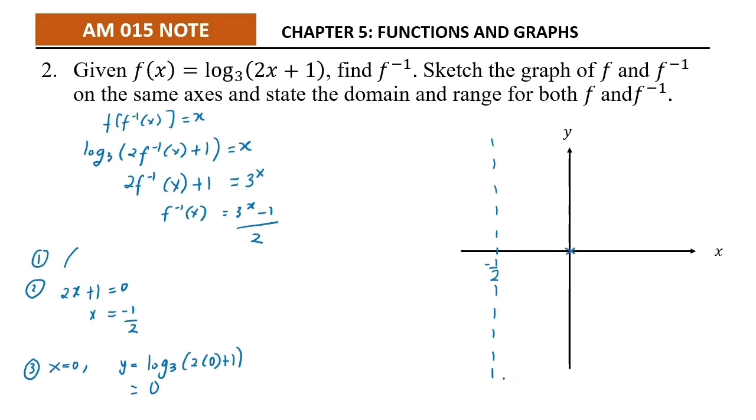This means the graph from the asymptote, this is the graph of f of x, and the intersection point is 0, 0. And then we have f inverse. f inverse is the reflection of f of x at y equal to x.